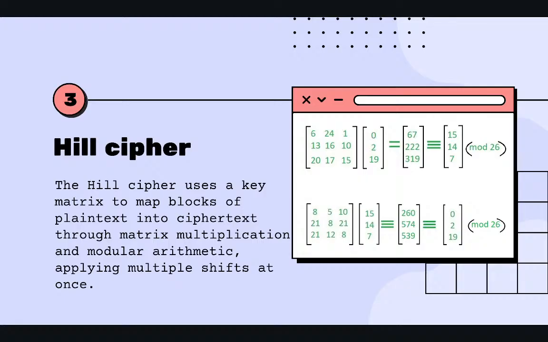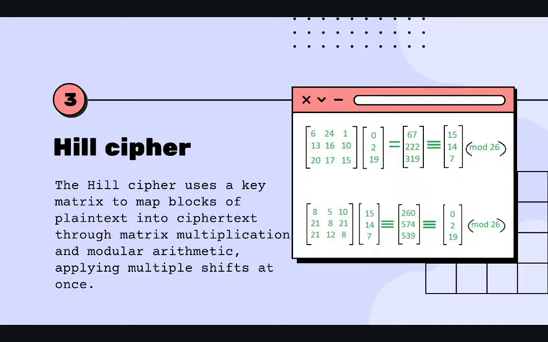That's how you get the ciphertext. To convert back to the plain text, you convert the ciphertext into column matrices of size n, take the inverse of the key matrix, multiply this column matrix with the inverted key matrix, take the result modulo 26, and convert it back to ASCII.